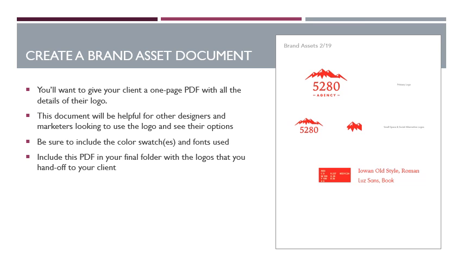Sometimes designers would tweak the RGB versus the CMYK numbers if they don't feel like the auto conversion is really rendering the color accurately. And then I gave him also the fonts that we're using. So the Iowan Old Style Roman is what the 5280 is in, and then Lou Sans Book is the agency.